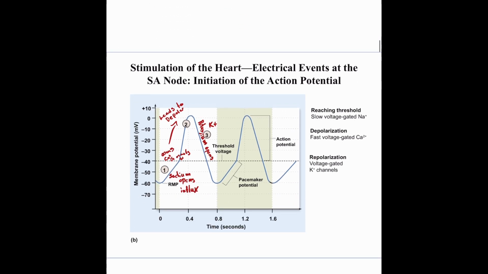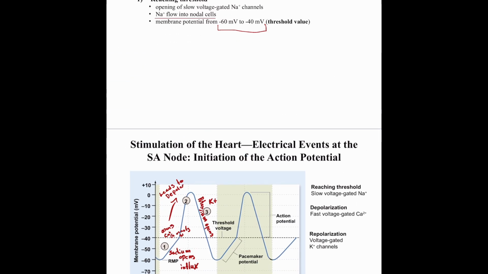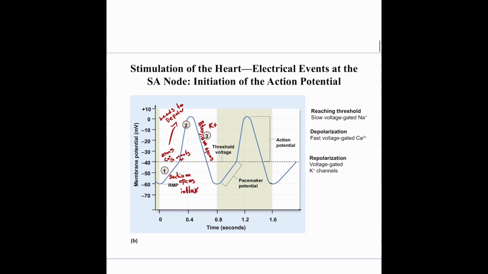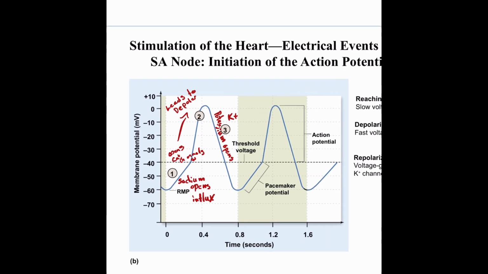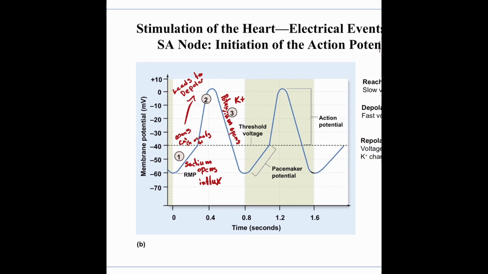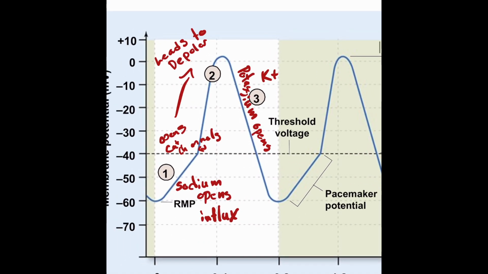And it might change. Make sure you check that you are looking at nodal cells, or the conduction system of the heart, stimulation of the heart. Right, so open calcium channels will lead to depolarization. Potassium opens will repolarize.